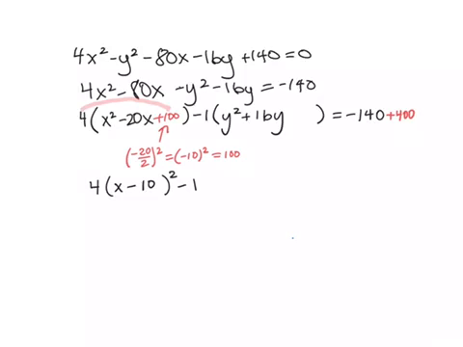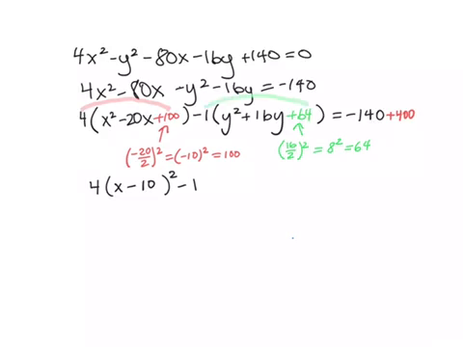Now I have to find my constant value for my y's. So for my y's, b over 2 squared, again, your b here is 16. So 16 over 2 squared gives you 8 squared, which gives you 64. So I'm going to add that 64 there. Again, thinking through what that would be if I distributed.